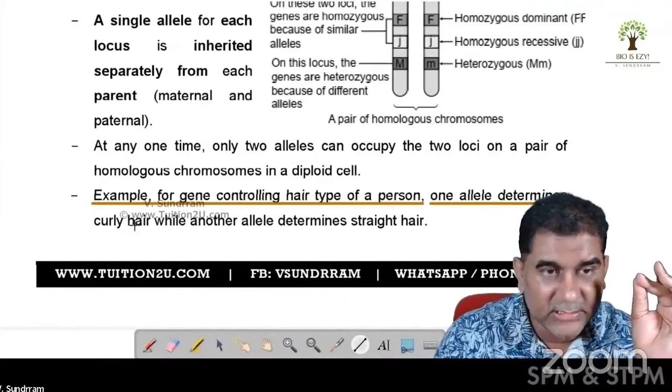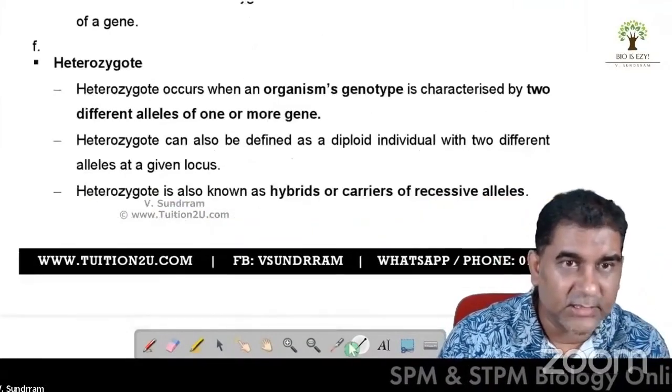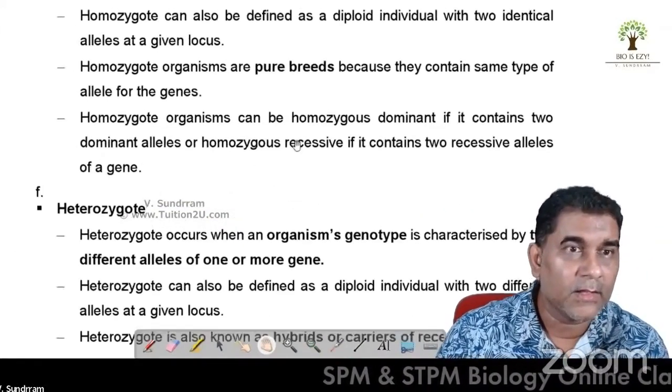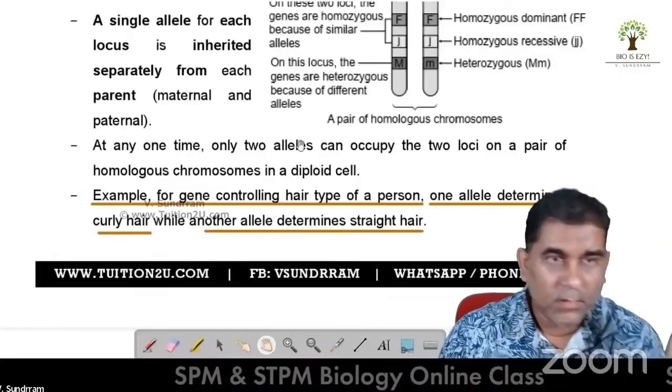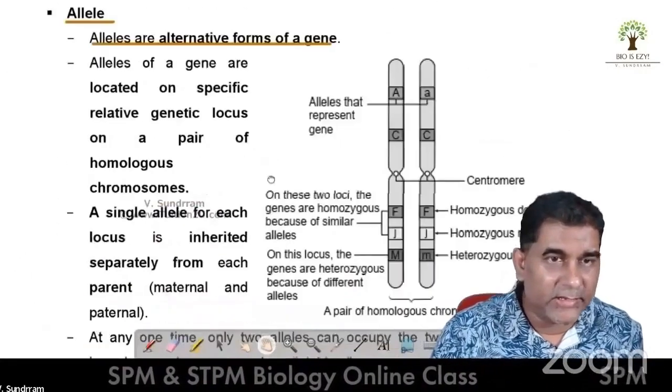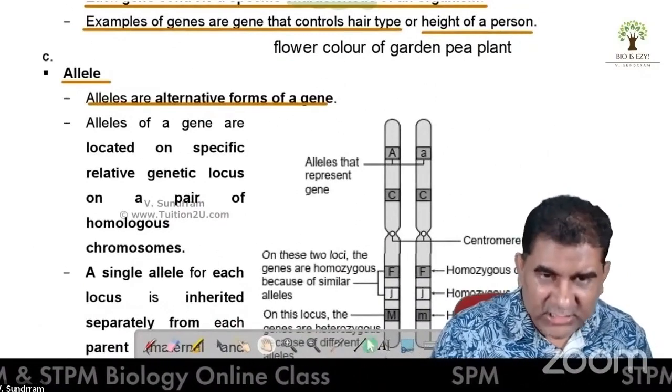One allele determines curly hair, another allele determines straight hair. I think I missed. I should have a word. Okay, I'll add in here. So by right, alleles are alternative forms of a gene.